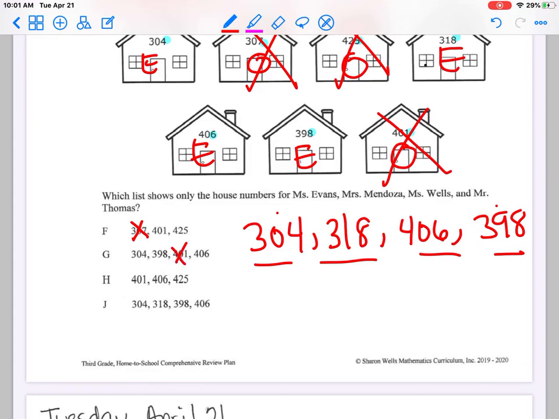No, it's not there. Letter H. 401. Nope. Letter J. 304. Yes. 318. Yes. 398. Yes. 406. Yes. My answer choice is letter J.